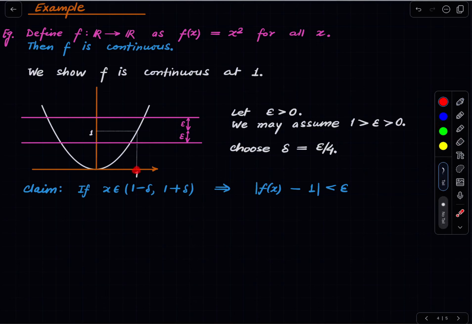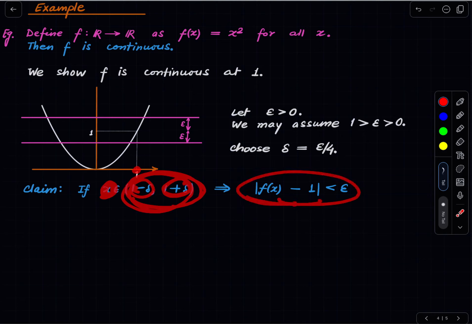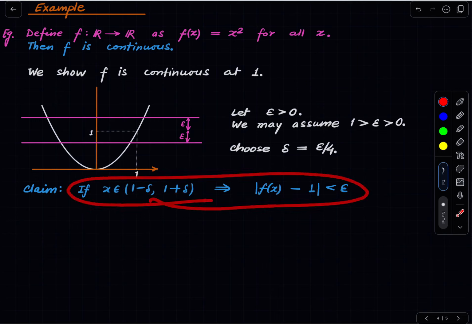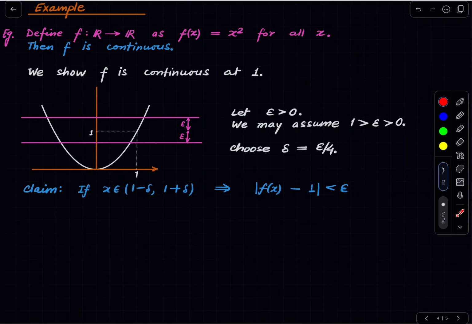If you call this point x0, then the left side is x in x0 minus delta, x0 plus delta, the delta neighborhood of x0, and the right side says that f of x and f of x0 are at a distance less than epsilon. So this will establish the Epsilon-Delta criterion and hence prove continuity of the function at 1.